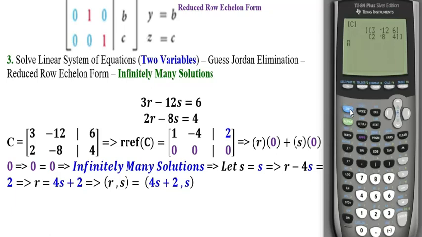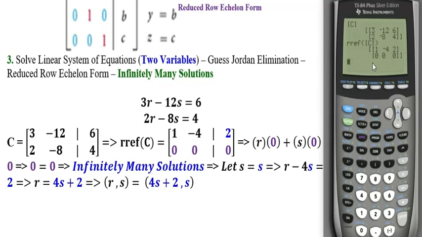Then do second matrix, math, go all the way down, RREF, call matrix C. Hit enter, and here is 1, 0, minus 4, 0, 2, 0.